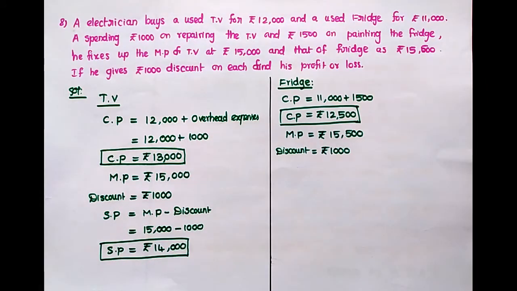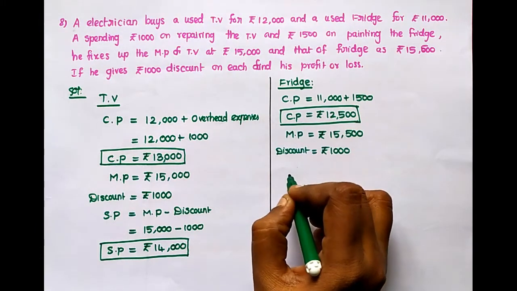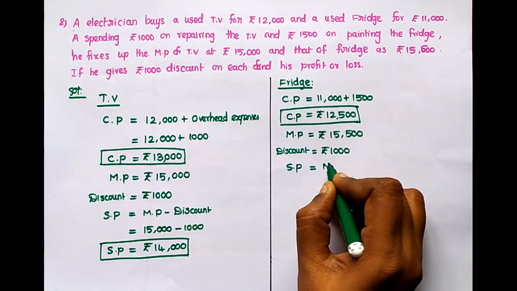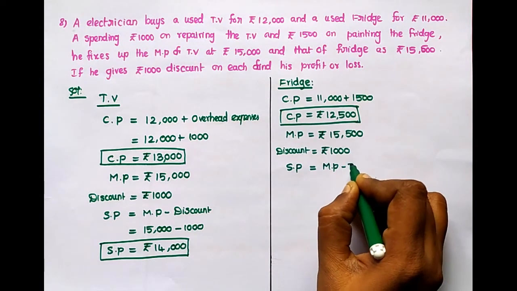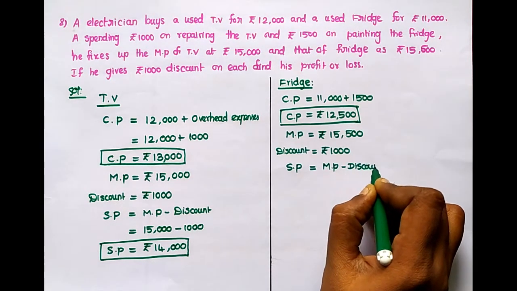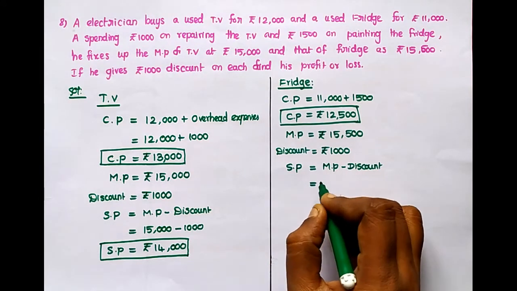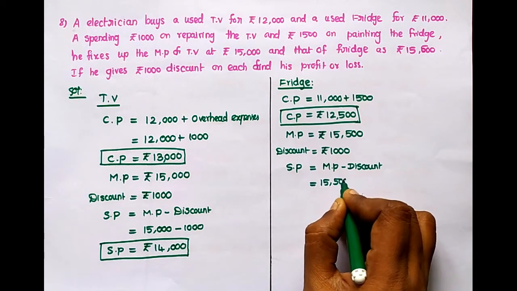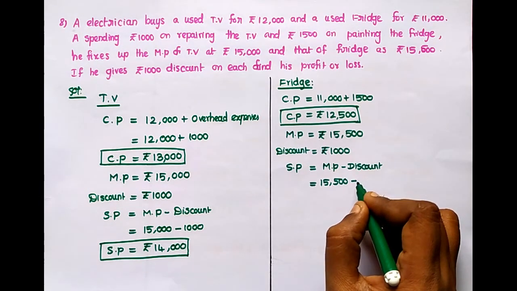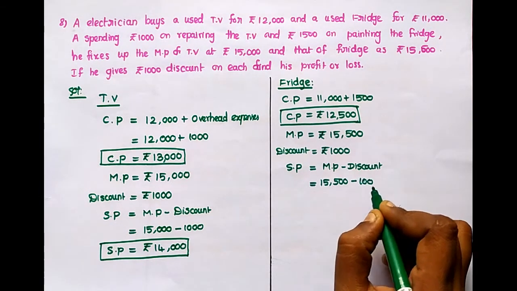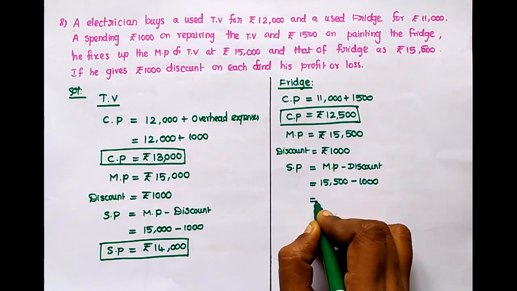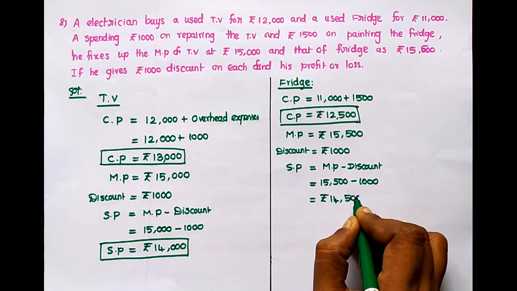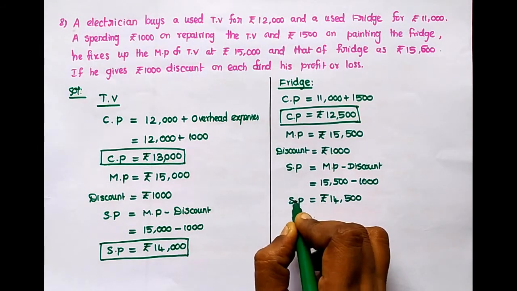We want to find out selling price. Selling price equal to mark price minus discount, that is equal to 15,500 minus 1,000 means selling price is 14,500. That is selling price.